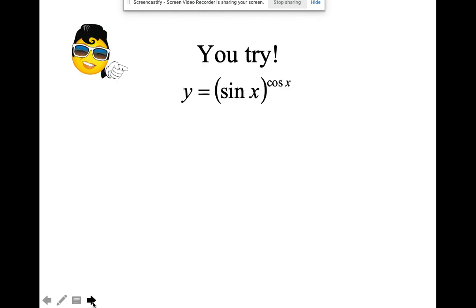All right, so let's try. Step one. This is a function raised to a function. ln and bring down.